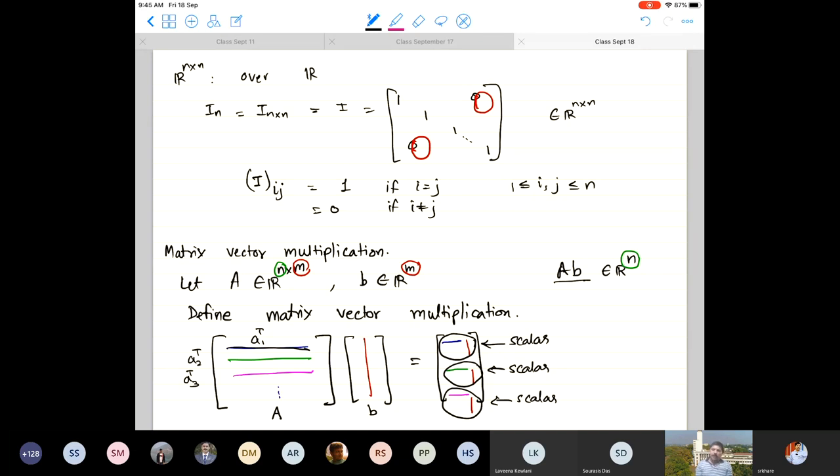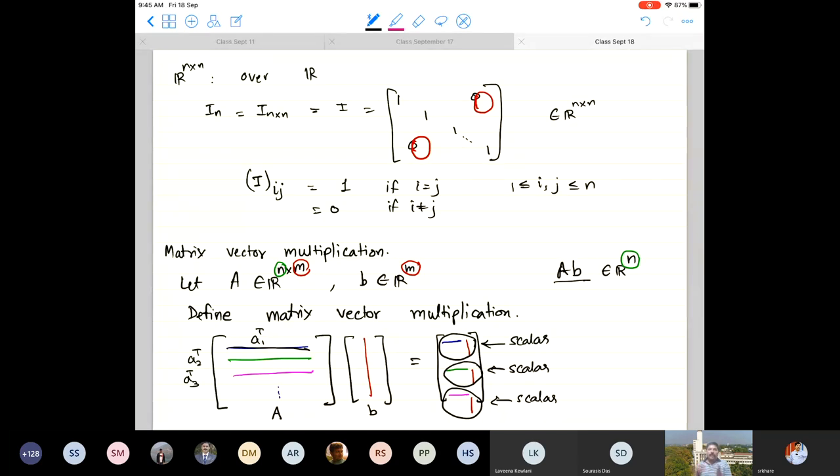Then A1 transpose B is a valid operation, because A1 transpose contains m entries. A1 is actually an m-vector, a column vector, and I am taking its transpose and putting it as the first row of A. A2 transpose is the second row of A, A3 transpose the third row.